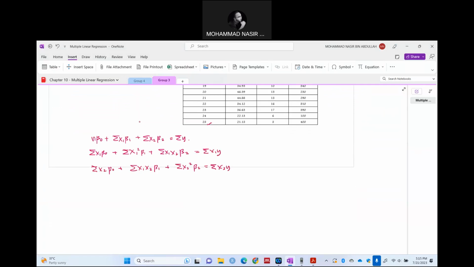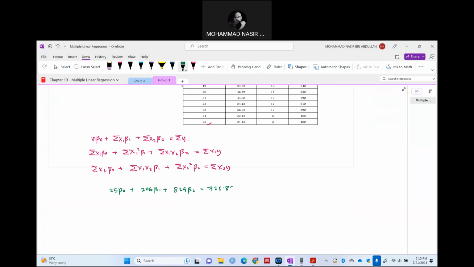So by the values provided in the example, we just plug into the formula. So n is equal to 25 beta naught plus 206, which is summation of x1, beta 1 plus 829 beta 2 equal to 725.82.